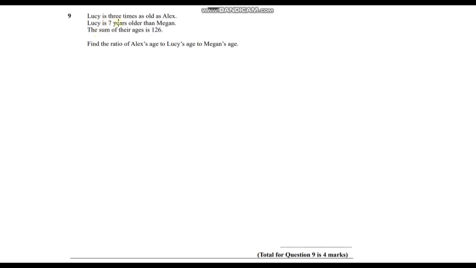Question 9. Lucy is 3 times older than Alex, and Lucy is 7 years older than Megan. The sum of their ages, so all 3, Lucy, Alex and Megan's ages, is 126. Find the ratio of Alex's age to Lucy's age to Megan's age.